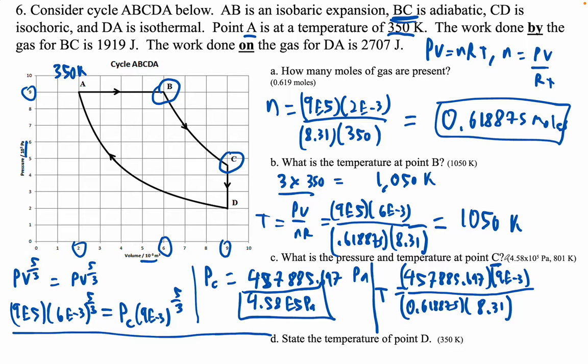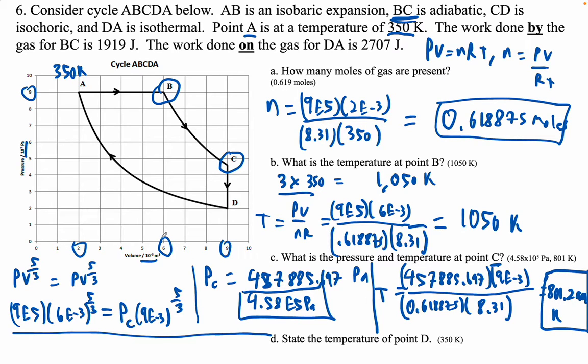All right, so that number on my calculator times 9E minus 3 divided by, let's find the moles. There's the moles. Divided by 8.31. And I get 801.3 kelvins. 2999 or something like that, right? Kelvins. So 801 kelvins is close enough.